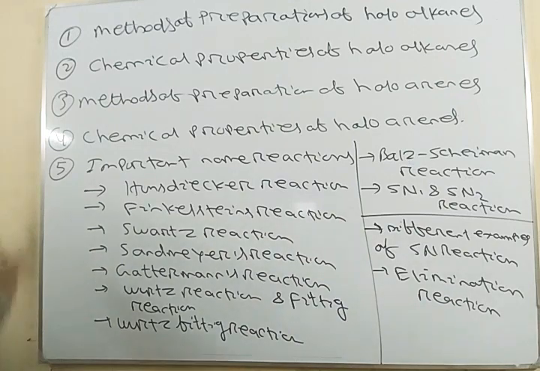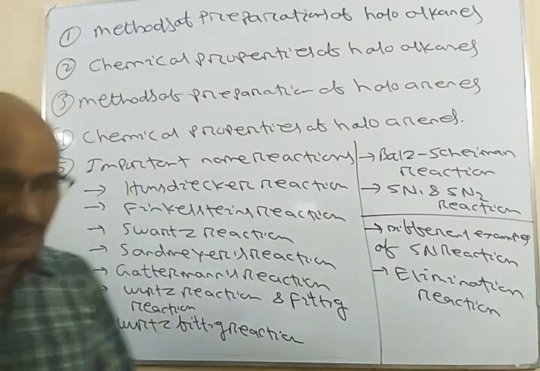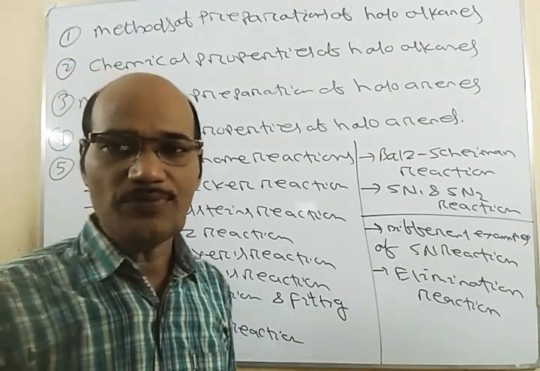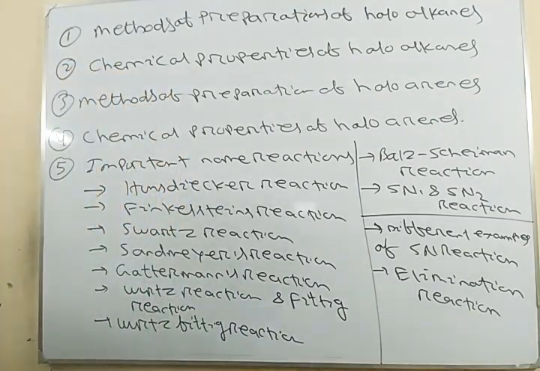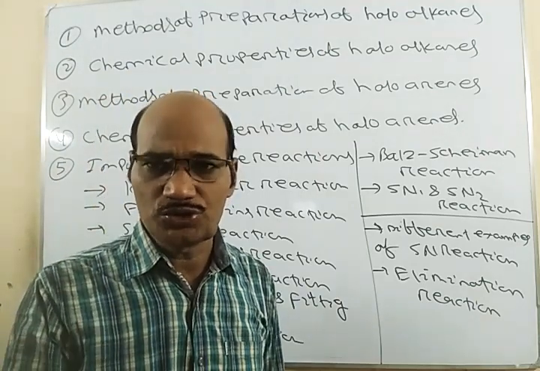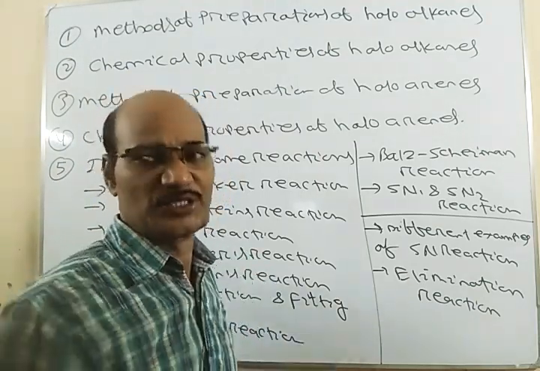So these are the different topics of haloalkanes and haloarenes that we will discuss today. Okay, briefly the important points we will discuss and also some questions based upon these facts.